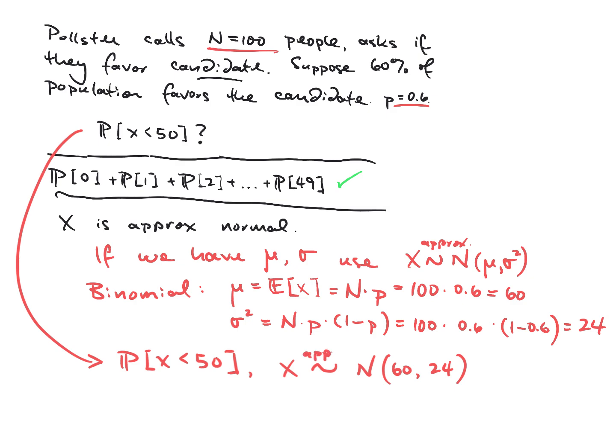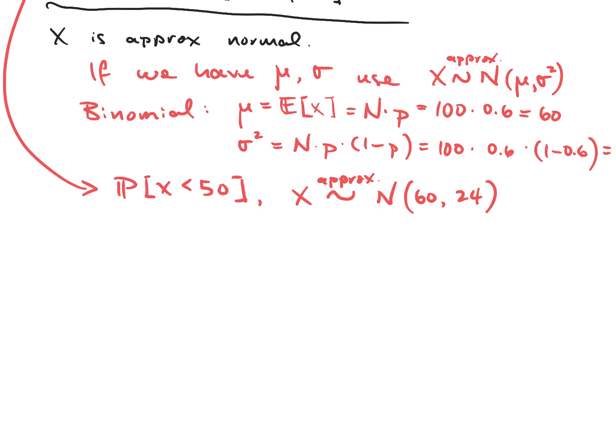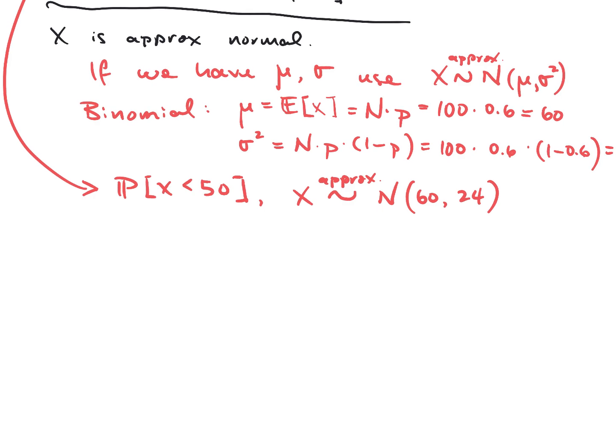And again, I'll write approximately normal. Okay, so now for these questions, remember the trick is to standardize the values. When you're dealing with a normal distribution, you standardize the values and then look up the standardized values in the table.